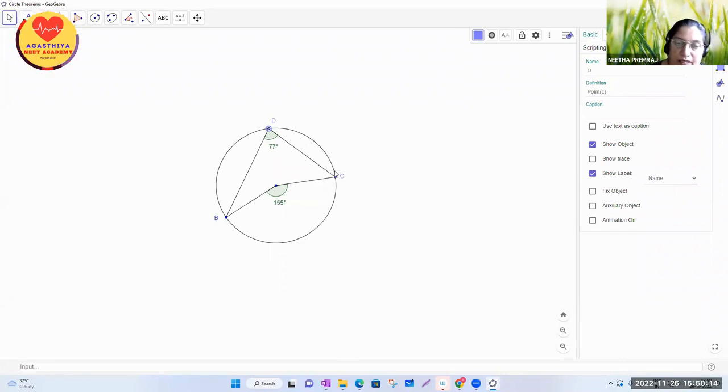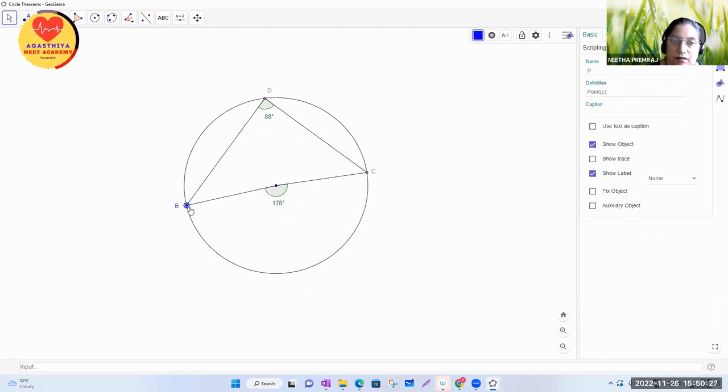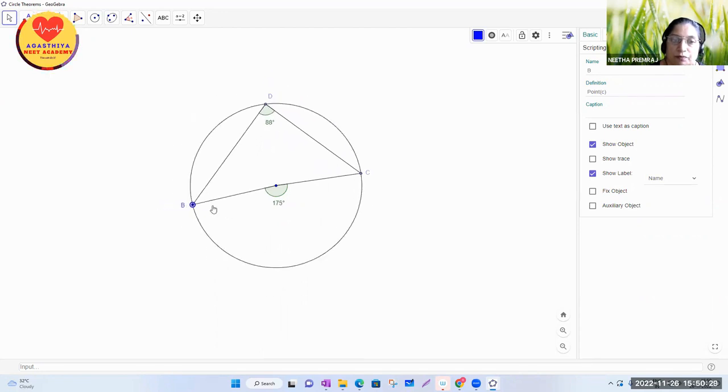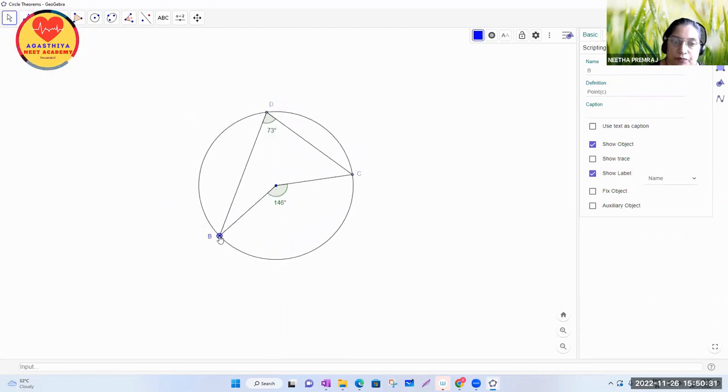It subtends an angle 77 at the circumference. At the center, it should be 154. There is something off, it's okay. It should be double at the center. Here it is 73, at the center 146. See here 106, here 53, wherever it is.